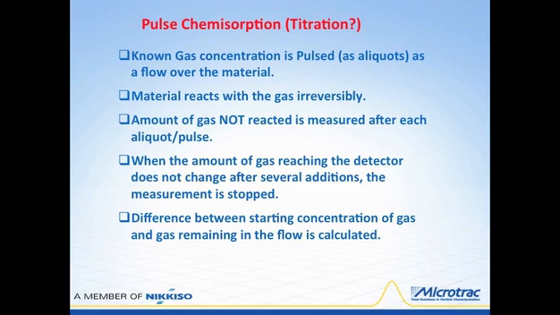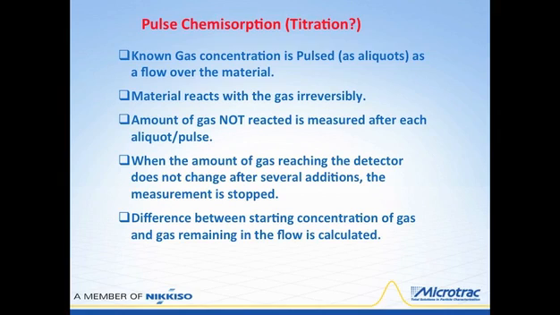But as we start to increase the amount of acid solution added to that base, there would be constant changes along each step of the way as we added more and more of the acid solution. Well, pulse chemisorption is very similar to that, in that a given volume of an adsorptive gas is provided to the sample. The sample will then react with that adsorptive gas.